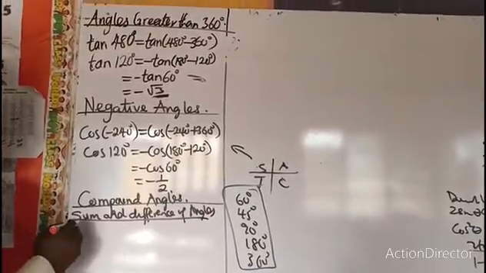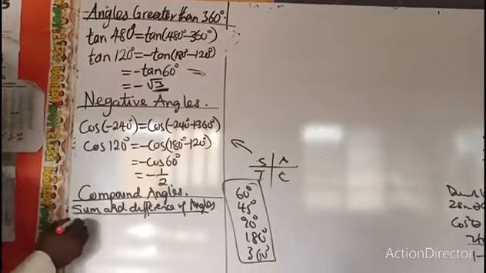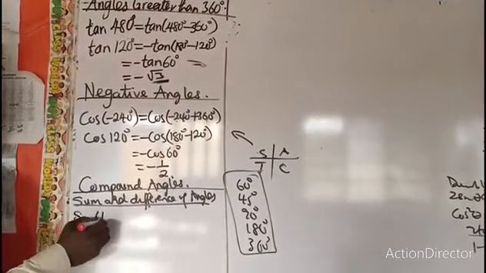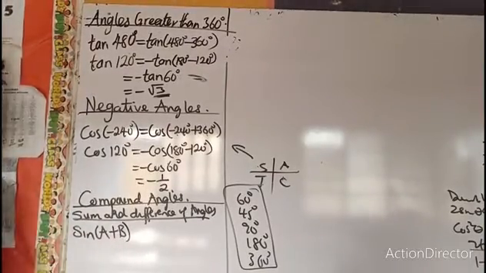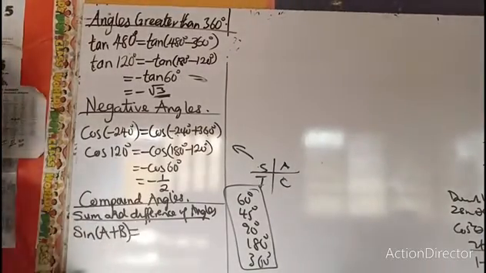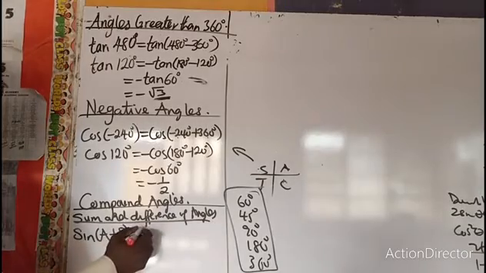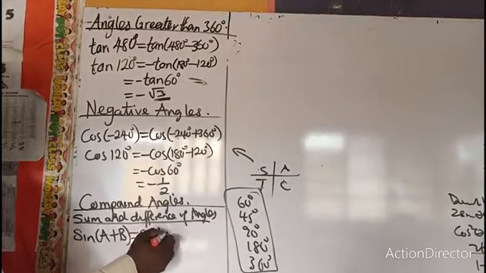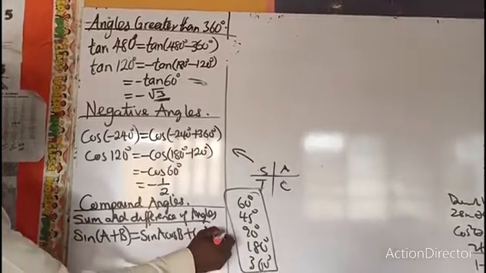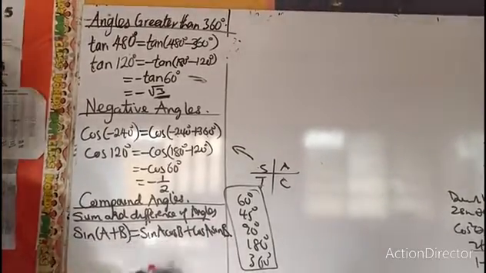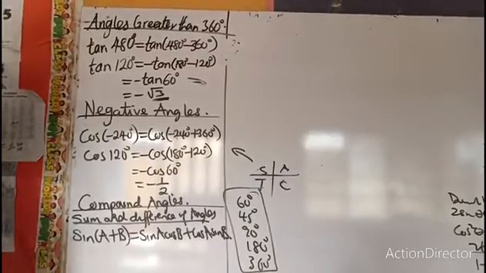We need to first know that when we talk about sine, let's say we have two angles, sine of A plus B. It has a formula: sine A cos B plus cos A sine B. Before I write all the formulas, let me explain what this means.